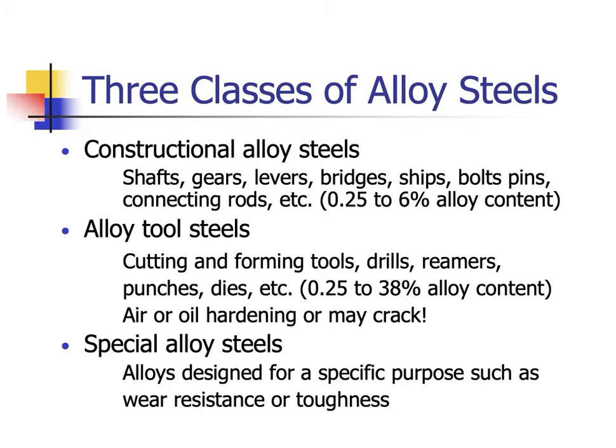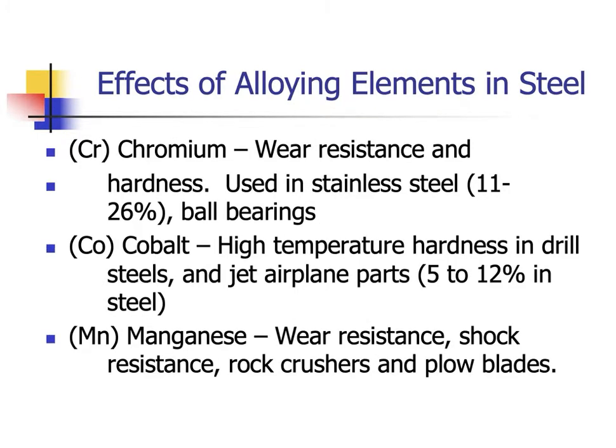So we're going to go through each alloying element, and these are just kind of generic. Why would we add these things? One of the things that we use chromium for is ball bearings, okay? But the most important thing probably is that it is the active ingredient in stainless steel, okay?